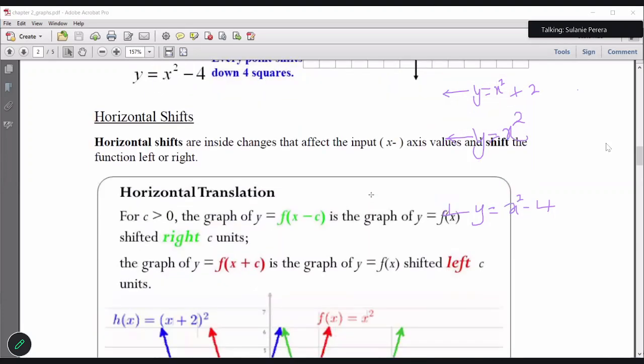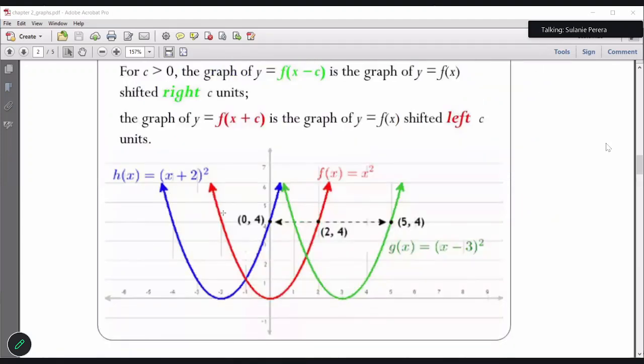Then we have horizontal shifts. Right? So if we have y equals x squared, and if you have x plus 2 all squared, you move 2 units to the left, that is towards the negative side.